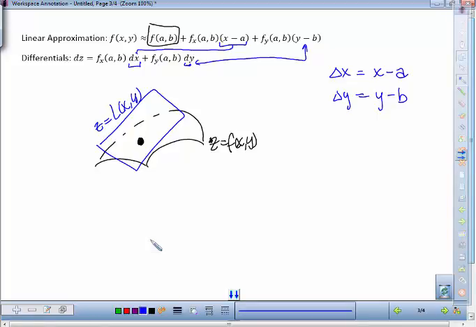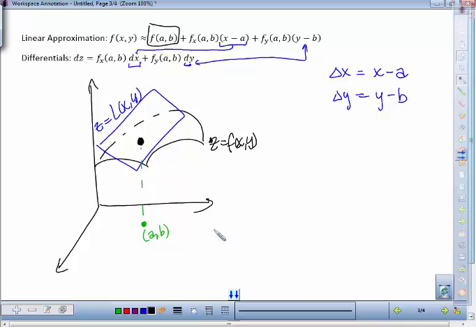And what's happening is that we're seeing some stuff down on the ground, your domain, AB. So pretend that AB is on the XY plane. We have a point on the domain AB, and then we have a point on the surface, A, comma B, comma f of AB.